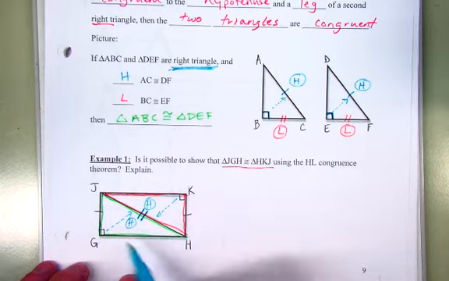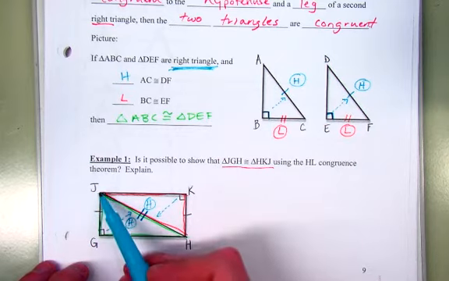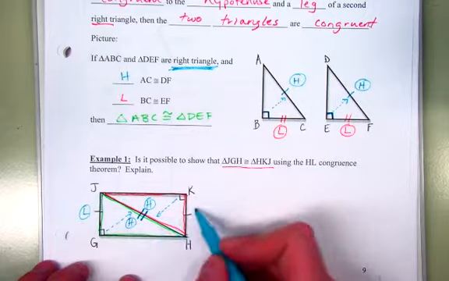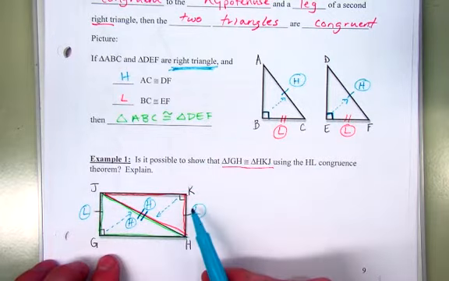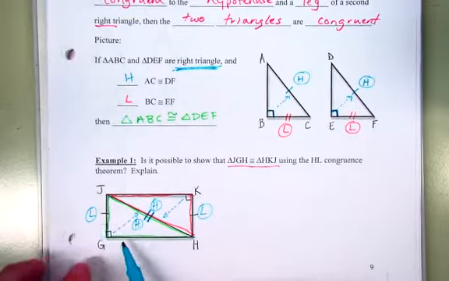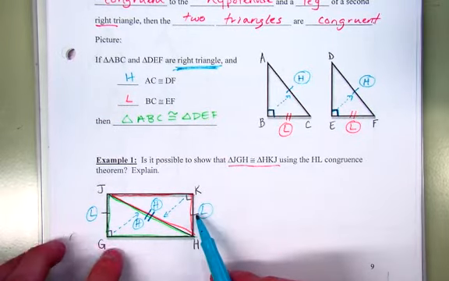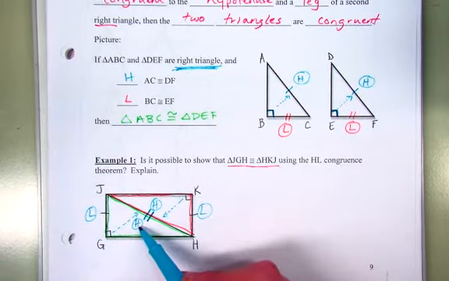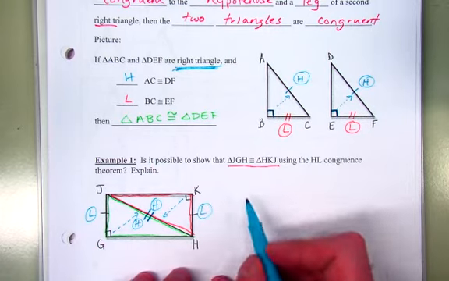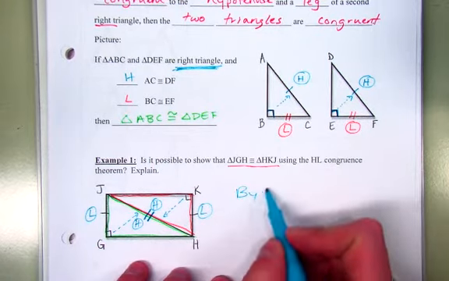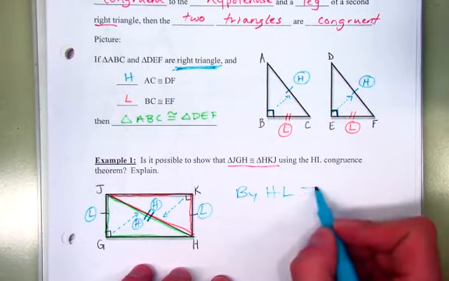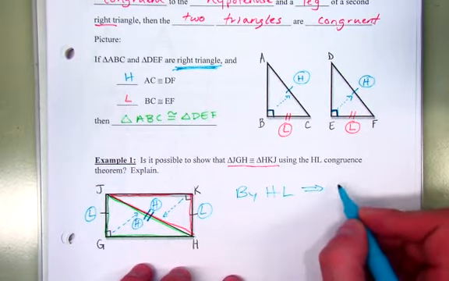So in the green triangle, JGH, we have a leg congruent to a leg in triangle JKH. So the green leg is congruent to the orange leg, and the green hypotenuse is congruent to the orange hypotenuse. So by HL, the hypotenuse leg congruence theorem, we can say the triangles are congruent.